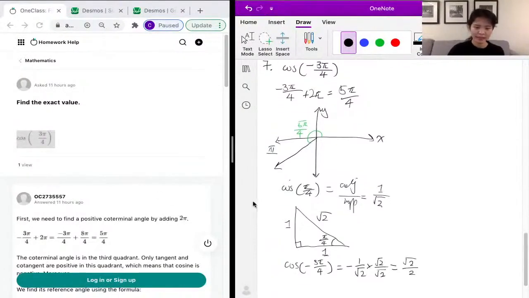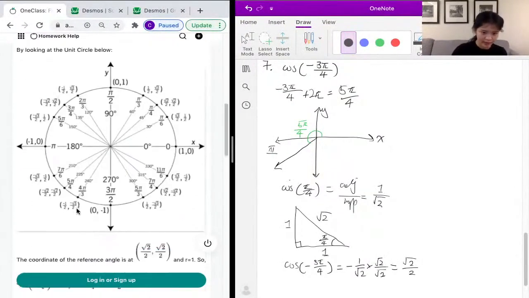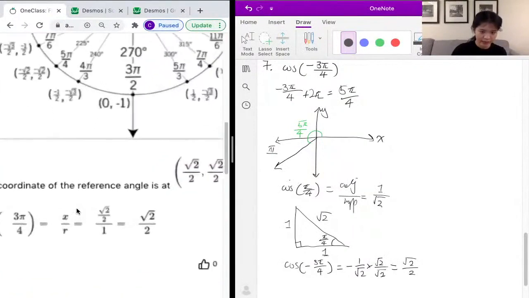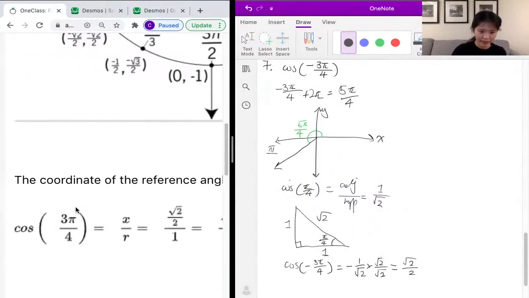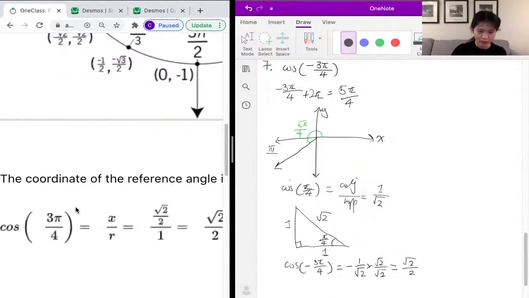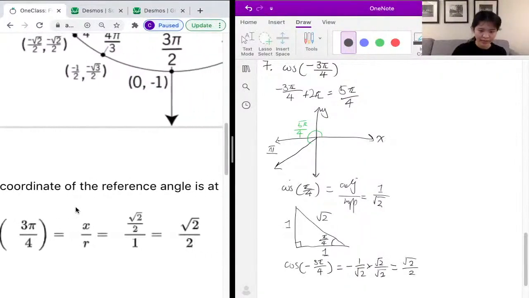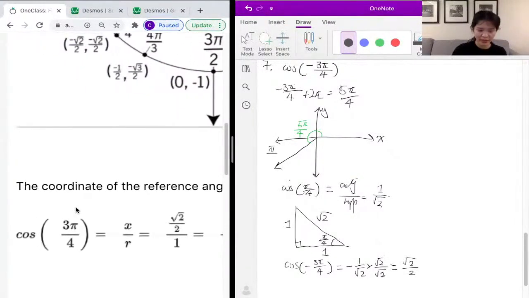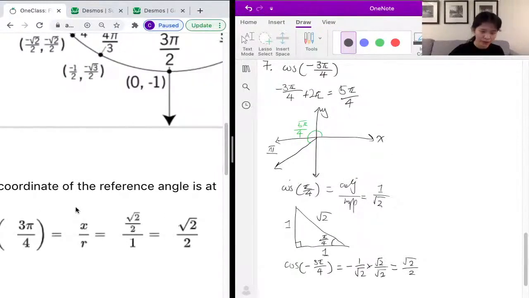Now let's look at our sample solution. Our sample solution says that the value of the cosine of negative 3 pi over 4 is √2 over 2, which is not correct, because even the cosine of 3 pi over 4 is negative √2 over 2.